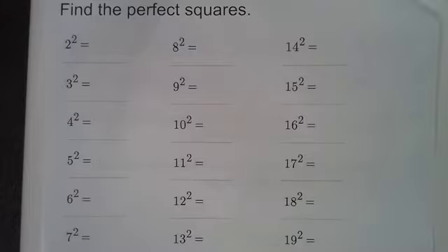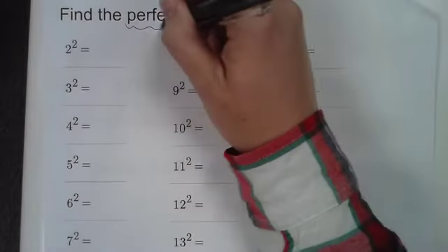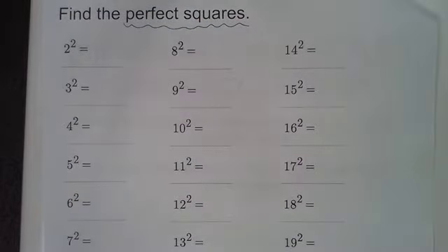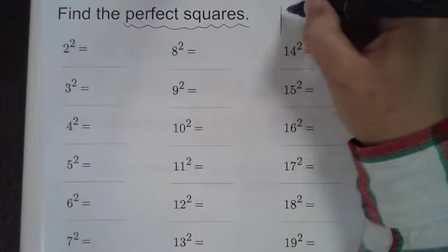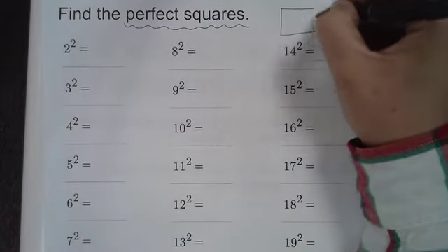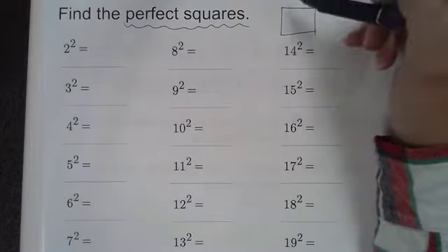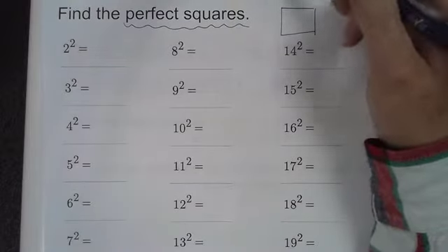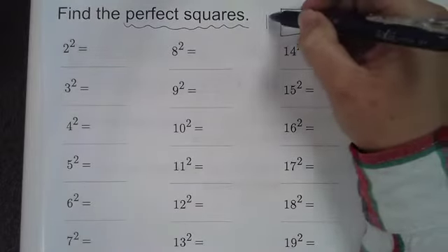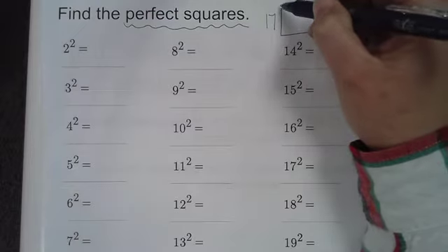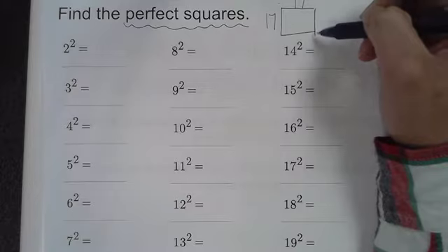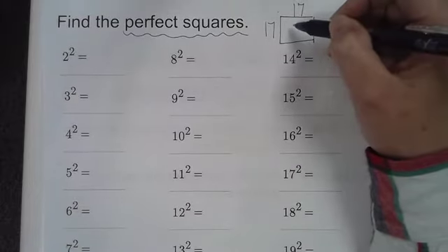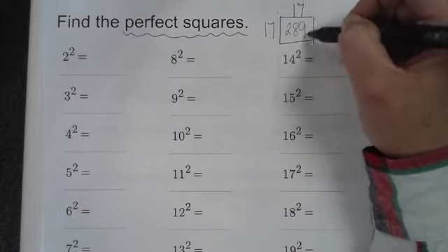So these are the list of perfect squares, and I just want to talk about, again, the reason why they're called perfect squares while you're finishing this up. When we multiply, we're actually creating an area. So if I were to say, what is the length of 17 times the width of 17, you would tell me that it is 289.